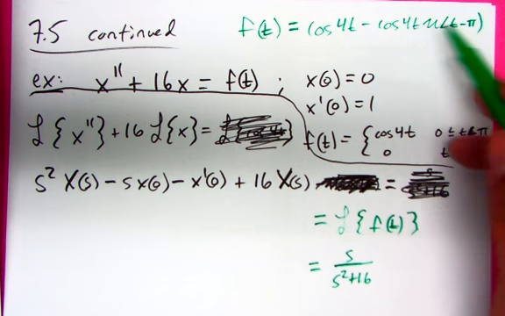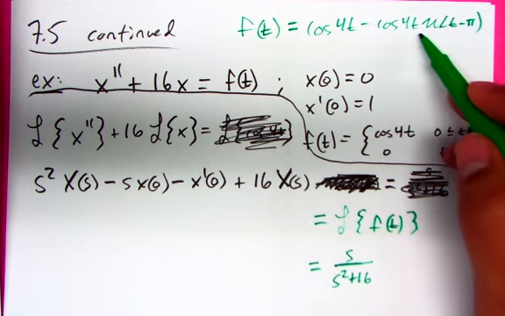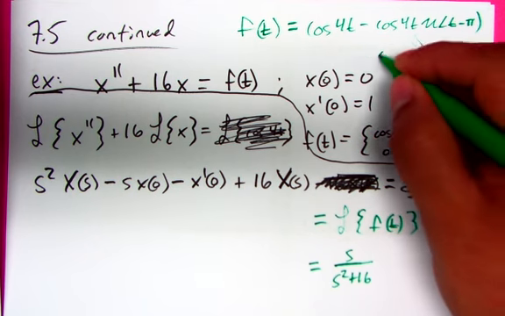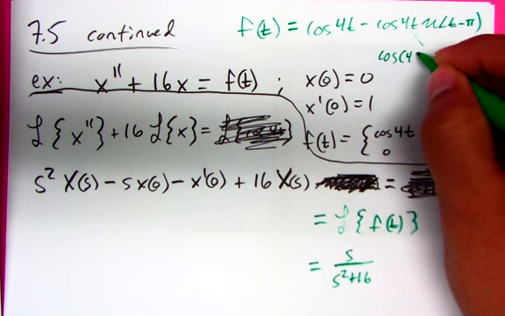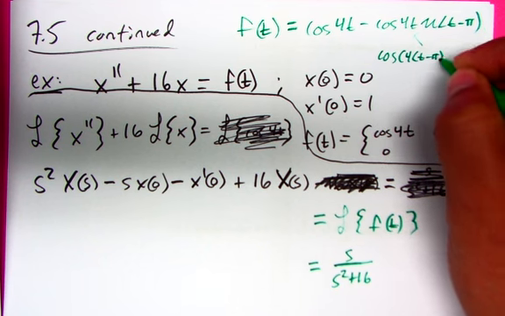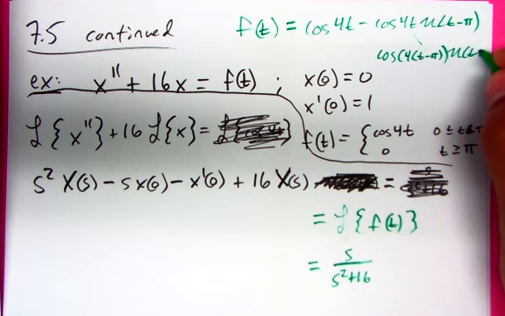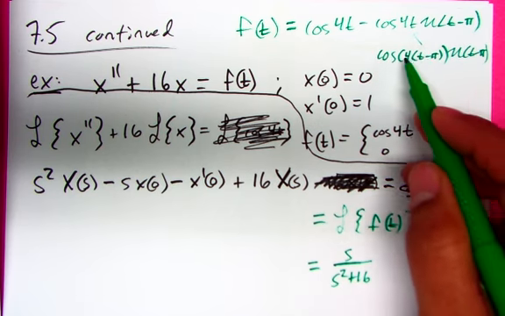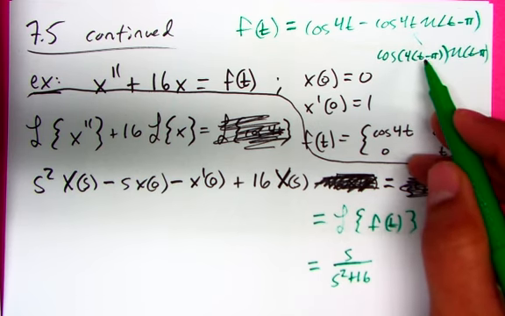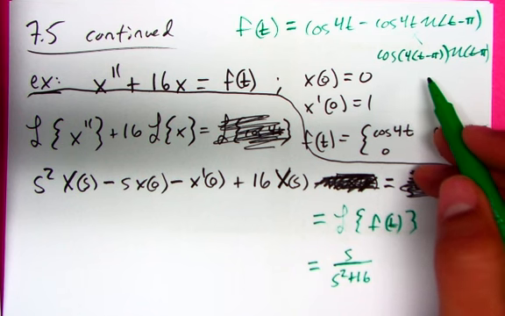If we're going to use the second translation theorem, we need something else, don't we? We need this to be t minus pi. Is that okay if I just put it in there? Yeah, you're right, because if you put in this, which really becomes 4 pi, all you're doing is shifting it a couple periods, and it's not going to make a difference.